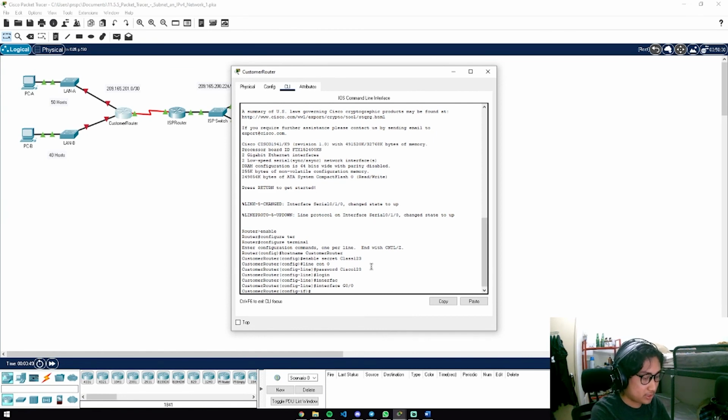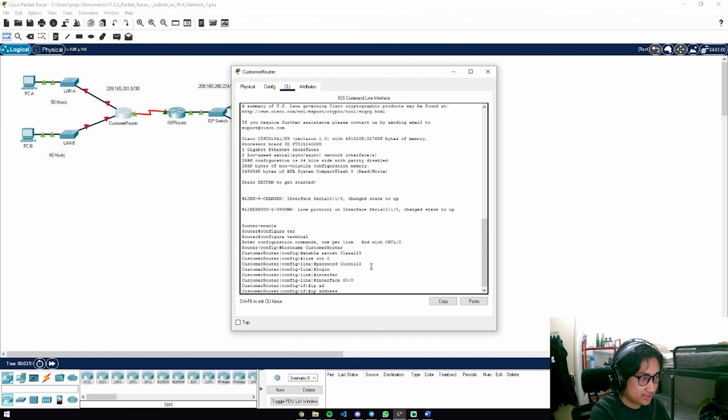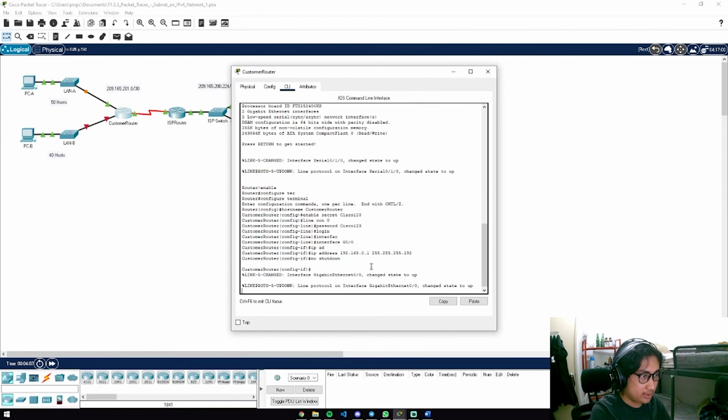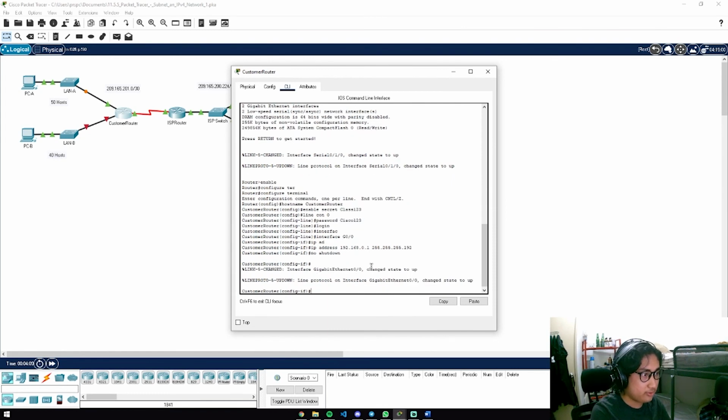The IP address is 192.168.0.1. So we type in ip address 192.168.0.1, and the subnet mask is 255.255.255.192, and then we press enter. After that, we type in no shutdown, and that's it. Now we have to do the other Ethernet interface, which is G0/1.